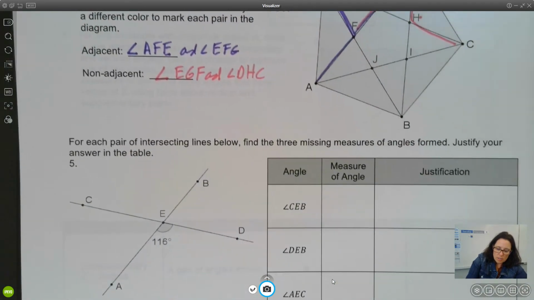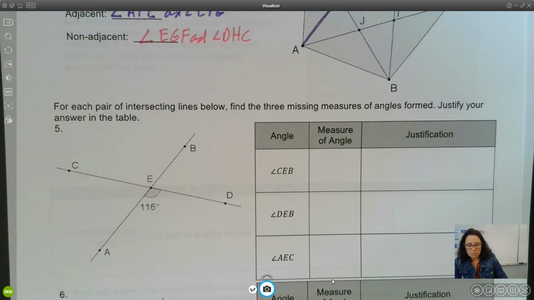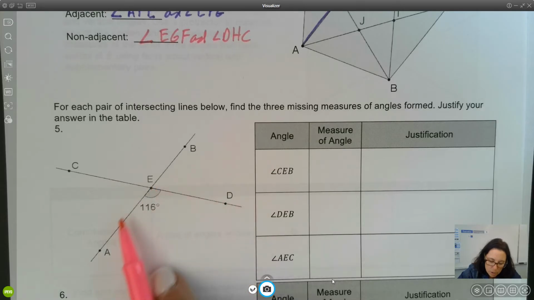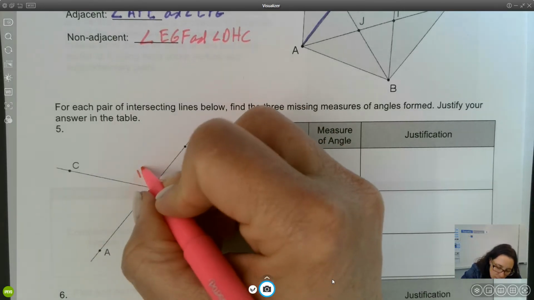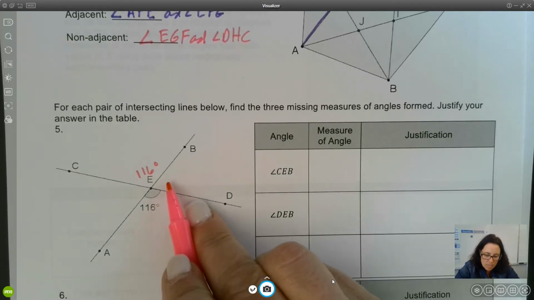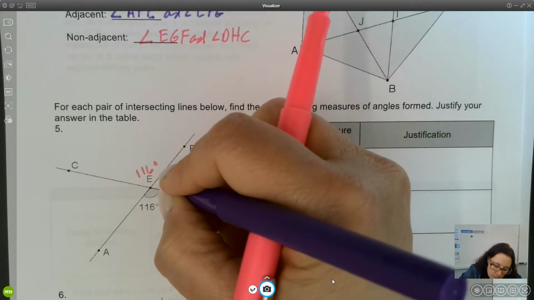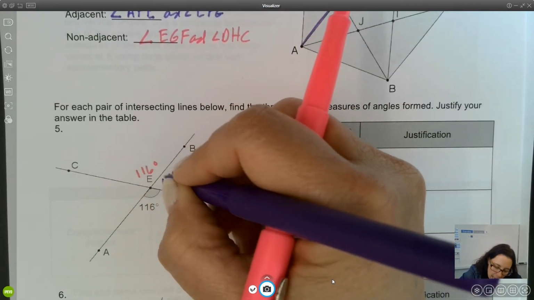All right, for each pair of intersecting lines below, find the three missing measures of angles formed. Justify your answer in the table. Okay, so if this angle measure is 116, this is also 116. If this is 116, this measure needs to be 64 because it would need to add to 180.